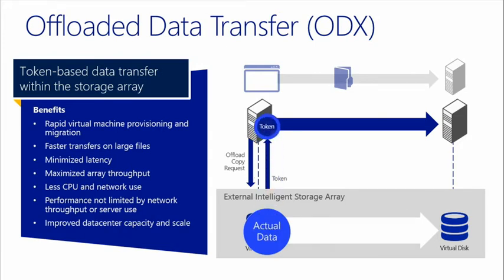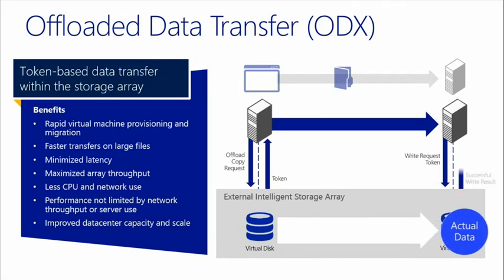A token comes back that we share between the Windows Server hosts, and that effectively tells all parties involved what should be happening here. So who should be moving what, where it should be moving from and to. And when that token reaches the target destination, the actual data is moved purely on the SAN.